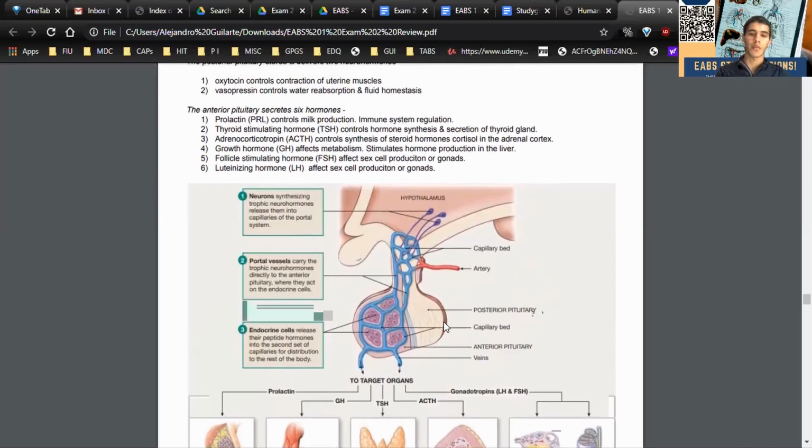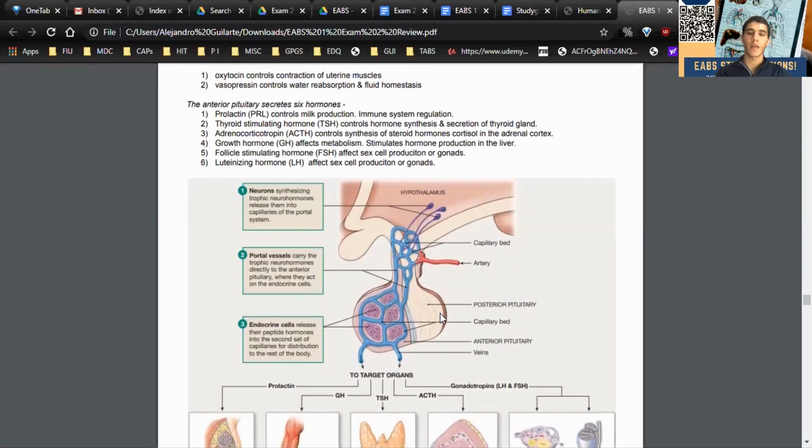When we look at the posterior pituitary, then we have oxytocin and vasopressin. The general purpose of oxytocin is contraction of uterine muscles, and vasopressin is the reabsorption of water and water homeostasis in the kidneys and in the blood.